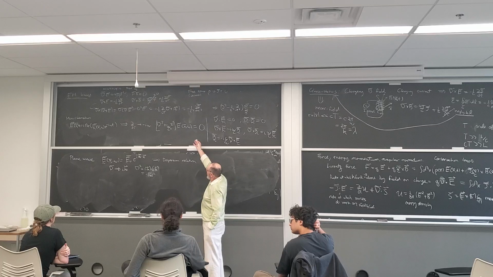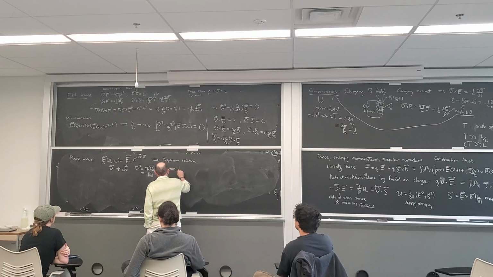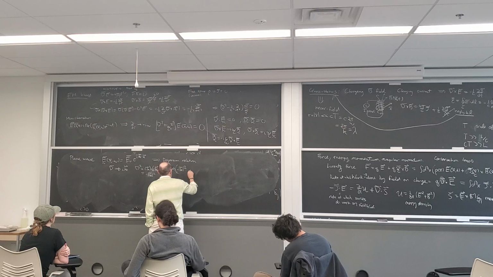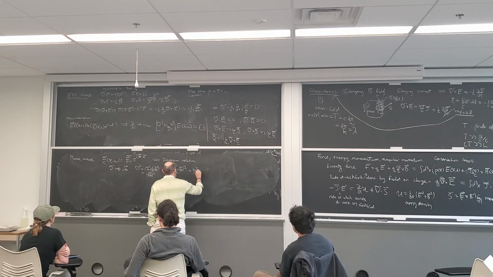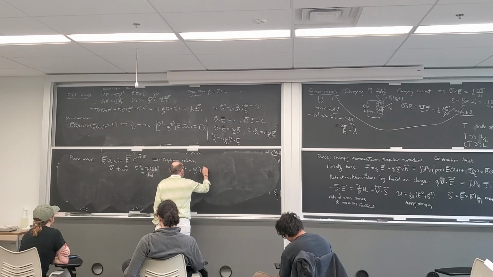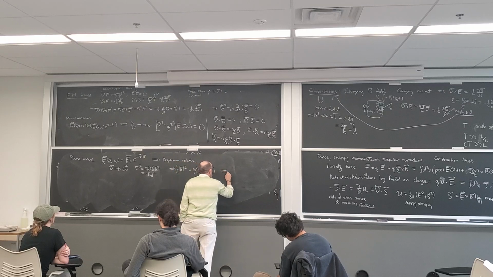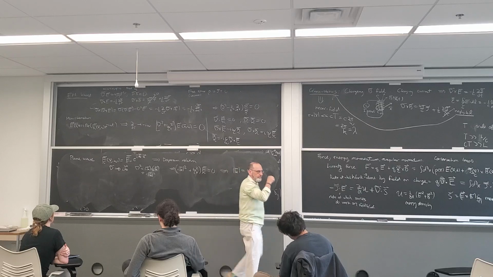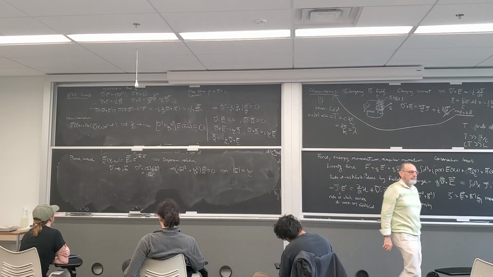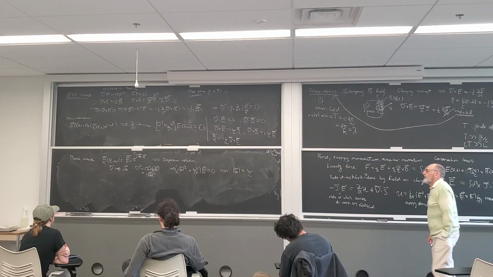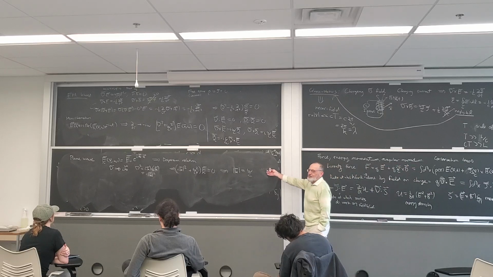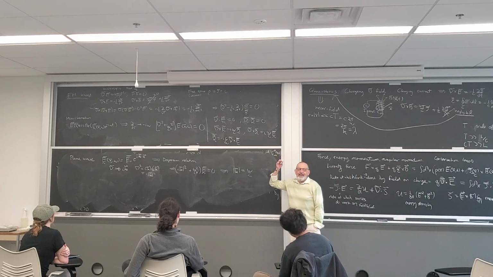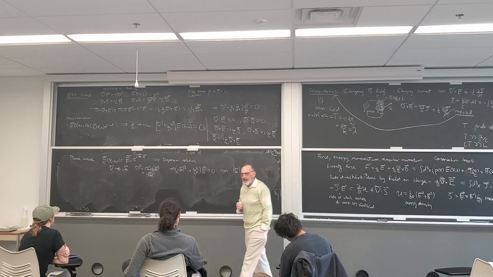So when I plug that in, I get the magnitude of k squared minus omega squared over c squared, E tilde is 0, or the magnitude of k is equal to omega over c. So that's the dispersion relation in vacuum, okay?